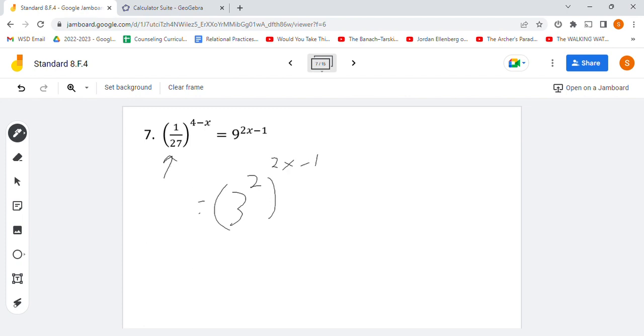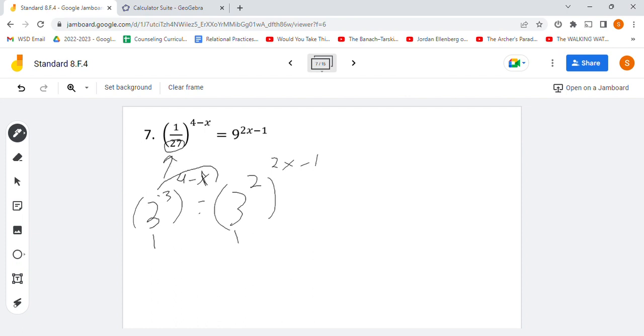Over on the left-hand side, we know that 27 is 3 to the third power, but since the 27 was in the denominator, that would be to the negative third power to get that 1 over 27. And we still have the 4 minus x on the exponent there. Now we have the same base here, so we can simplify this and use our same strategy.